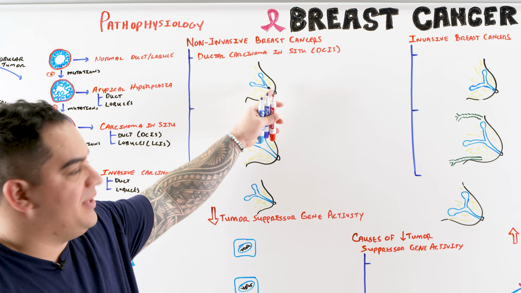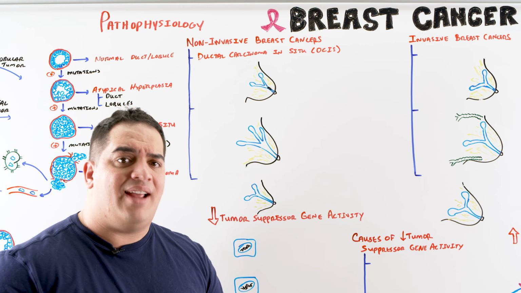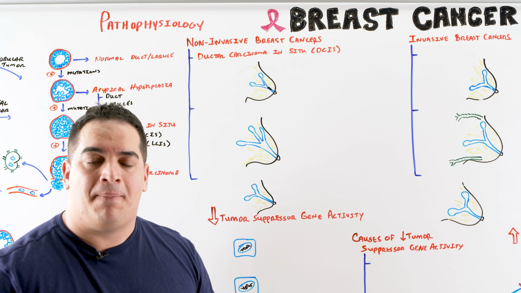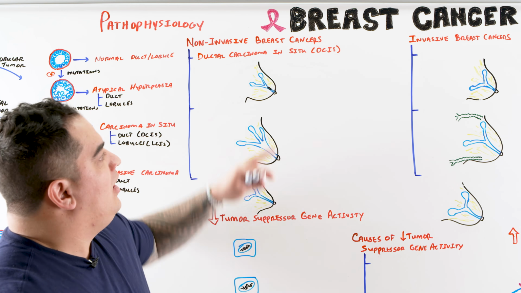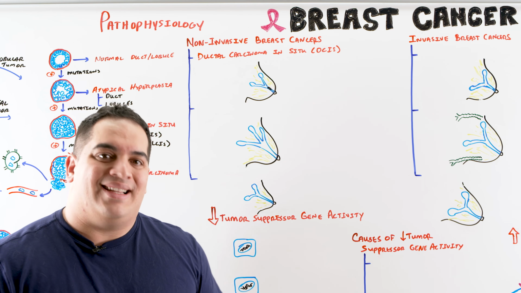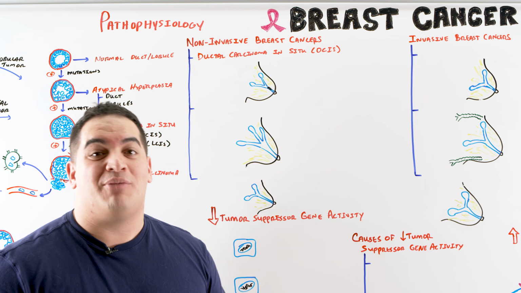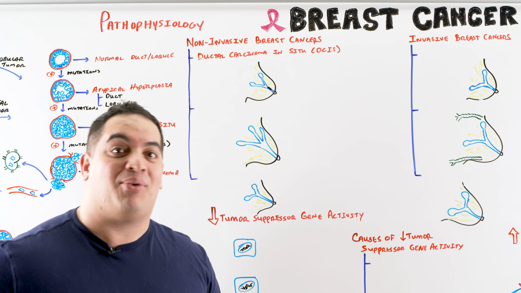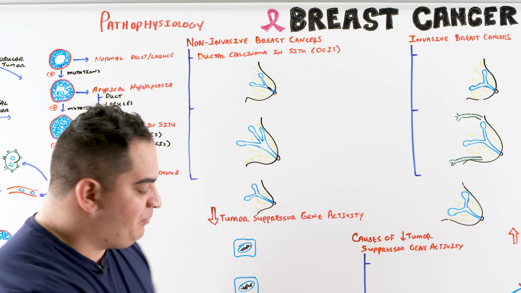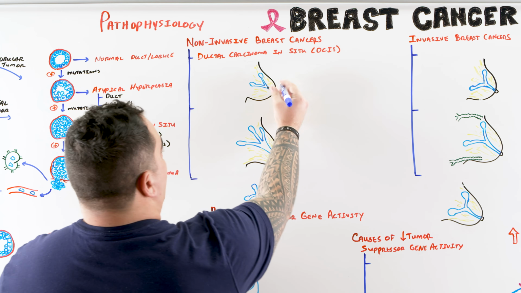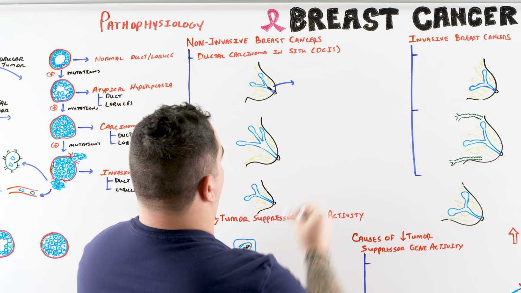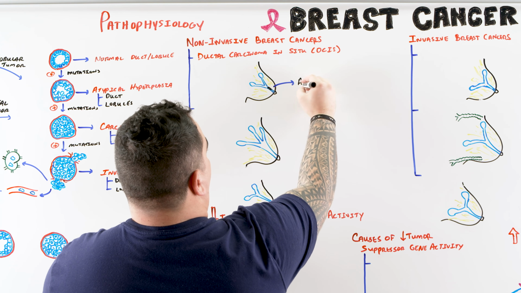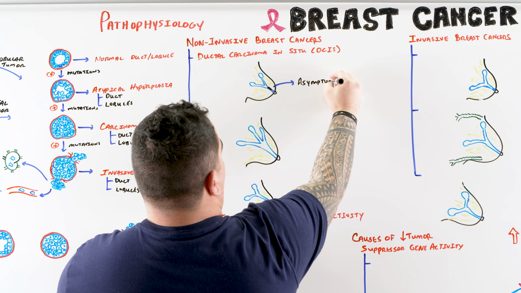Now, because they do not invade past the basement membrane, how will these patients usually present? Well, the thing with ductal carcinoma in situ is that they don't usually present with a breast mass or symptoms. Most of the time, these patients are asymptomatic.